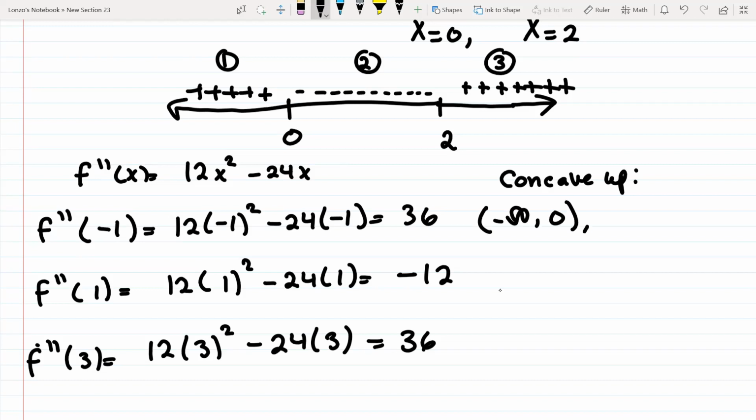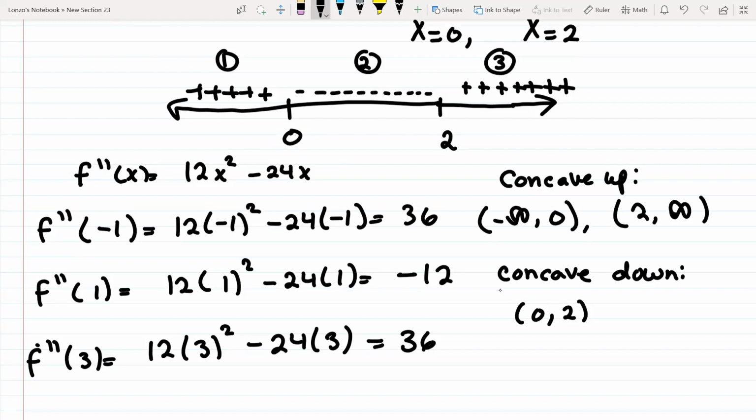And you don't have to put a union, just put a comma, right? And then it's also concave up from 2 to infinity. And then it's concave down from the boundary 0 to 2.